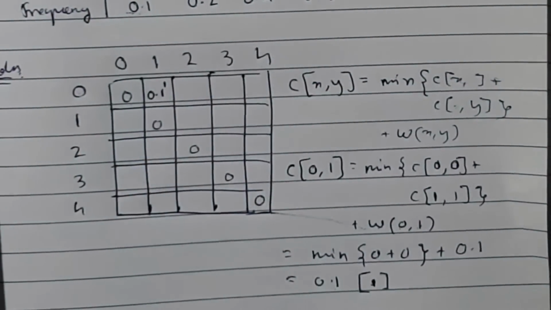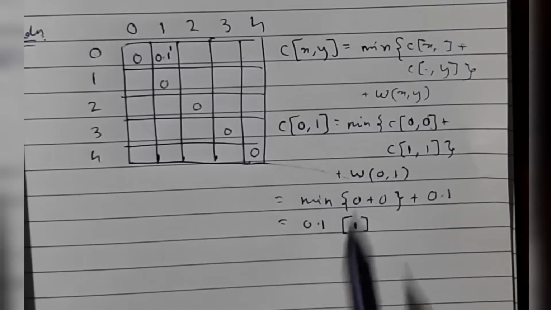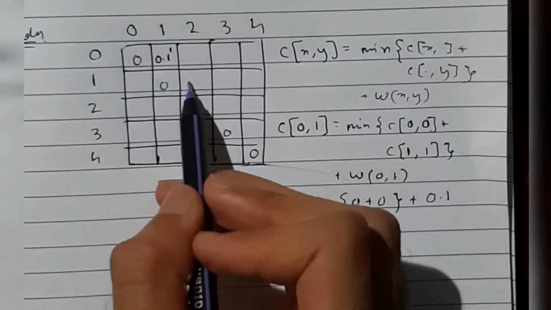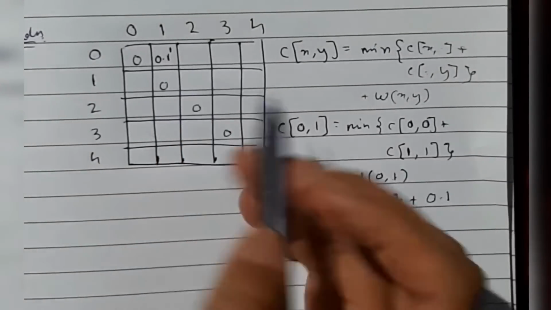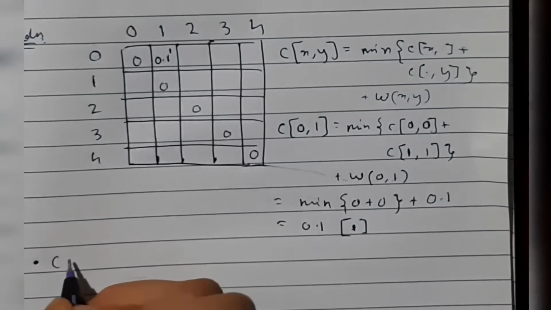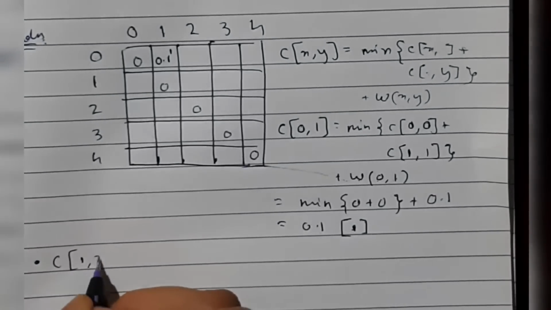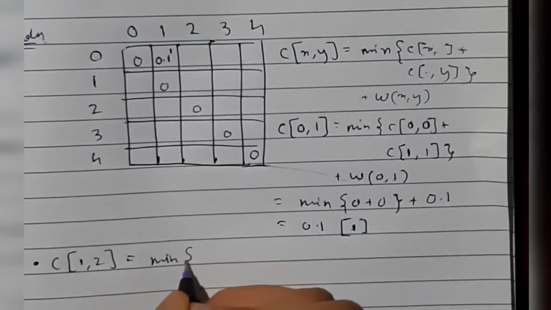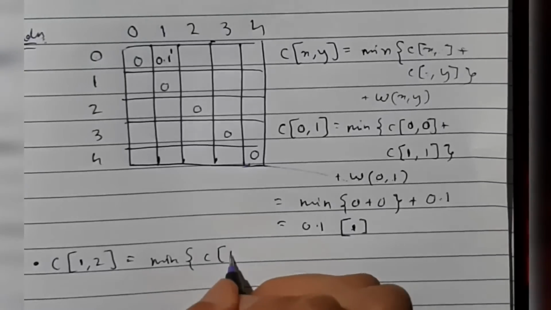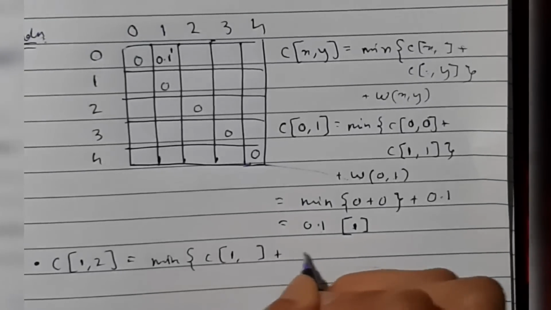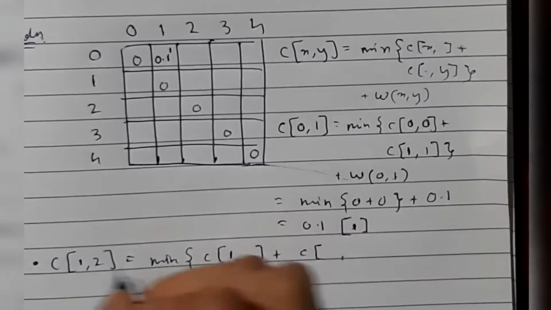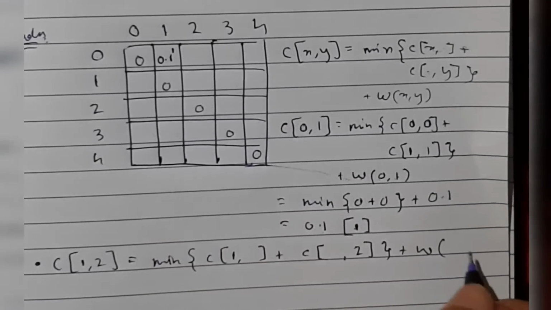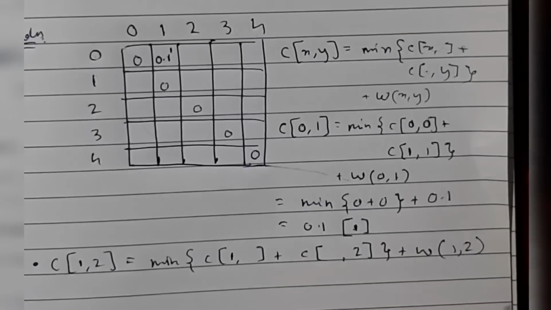Now let's see the second one. By using the same formula, I have to fill this row, okay. We'll be moving diagonally. We have to fill this one, meaning 1 and 2. We have to find C of 1 comma 2, okay. Using this formula I'll write minimum of C of 1 comma something plus C of something comma 2, plus W of 1 comma 2, okay.